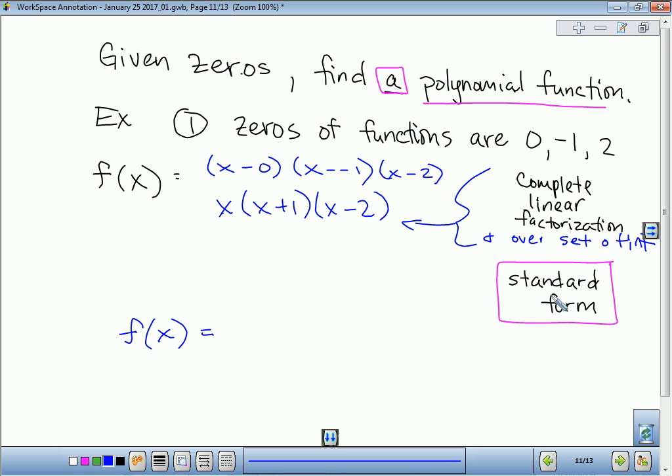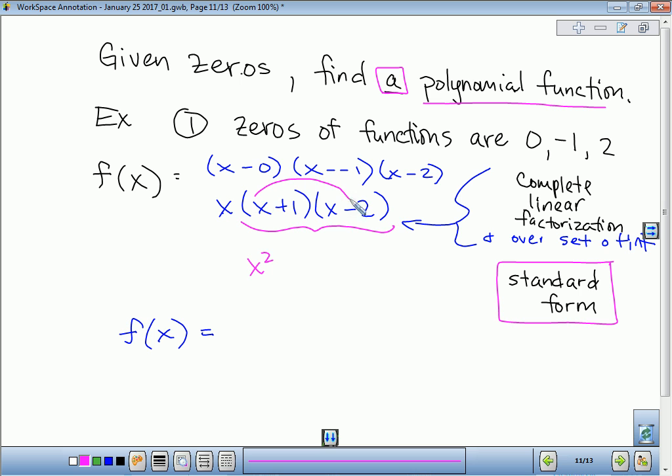Now, how would we continue going backwards to get it into standard form? You'd keep multiplying. Now, I choose to leave a monomial to the end. You don't have to, but this is my choice. So I start with the binomials and I pair them up and I start multiplying. So x times x is x squared.